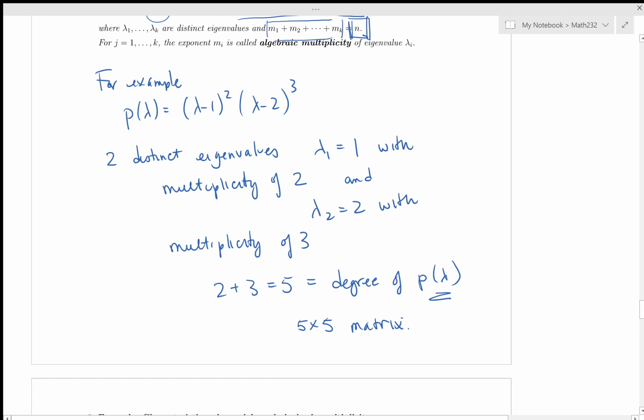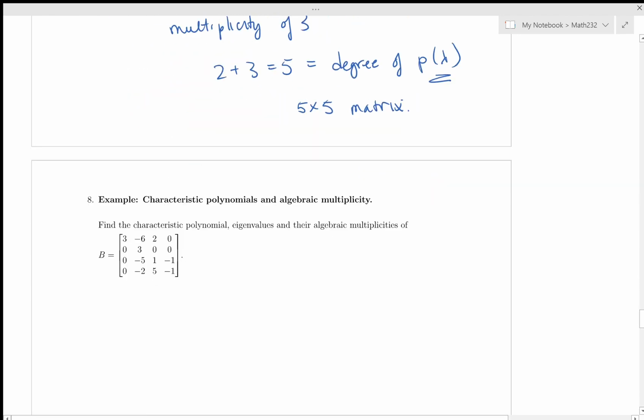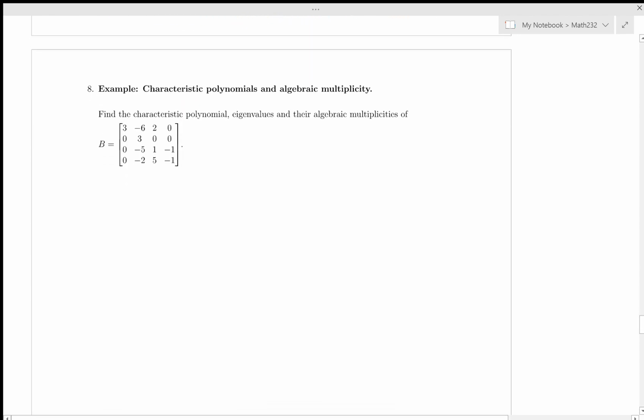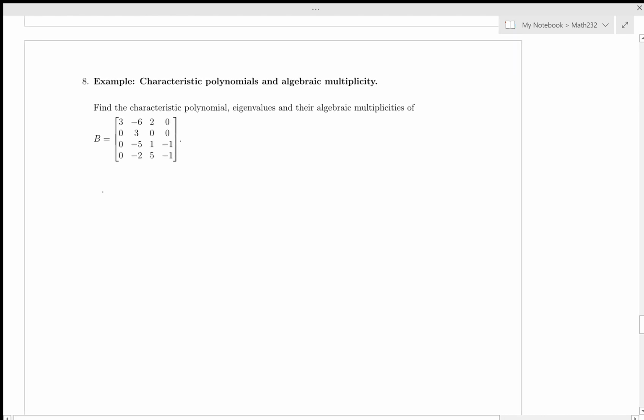Okay, I want to take a couple more examples to conclude this whole situation here. Okay, so we're going to take a look at a larger matrix. We're going to find the characteristic polynomial and the eigenvalues and see what the algebraic multiplicities of those eigenvalues are. So we'll do that this way.